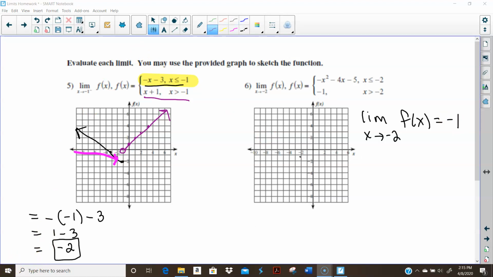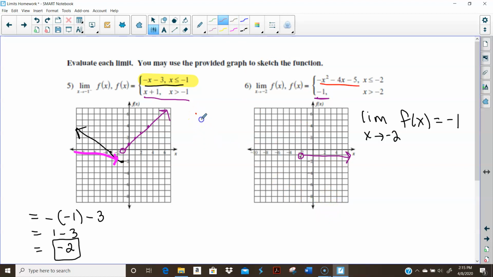I want to show you what number 6 looks like if you were to solve it graphically instead of by direct substitution like we just did. So graphically, if f of x is equal to -1, that's a horizontal line. And that horizontal line is going to start at -2, but it's greater than -2, which means it'll be an open circle. So you've got this open circle and this horizontal line for that part of the piecewise function. The second part of the piecewise function is this quadratic equation.